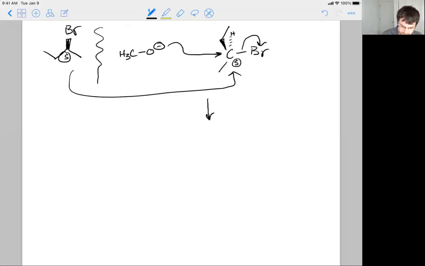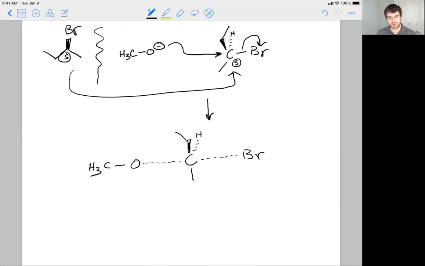Now when I do that, you're going to get a transition state geometry where the methyl group is drawn straight down, the ethyl group is drawn straight up, and the hydrogen is right behind that ethyl group. We're going to have the bromine being pushed off, and we're halfway from the bromine being pushed off and the oxygen atom being fully connected, and they're adding across the same trajectory.